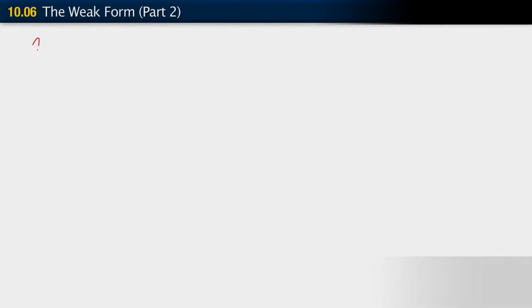I'm going to just talk about i equals 1, 2, 3, right? Spatial dimension 3. So this is the question that I'm going to try and address. The best place to look at it is to consider the strong form.